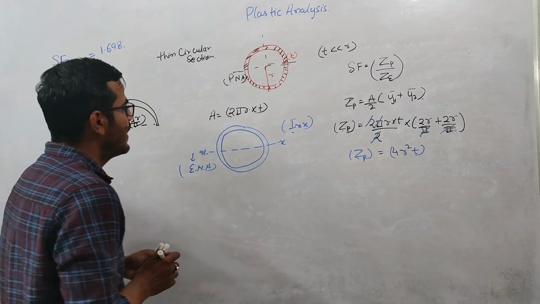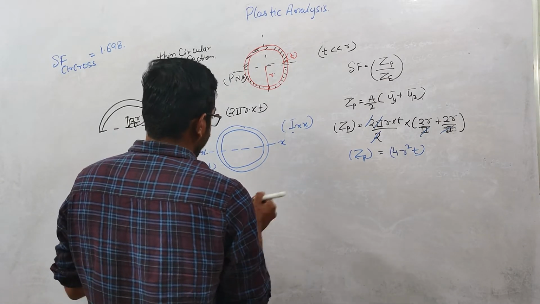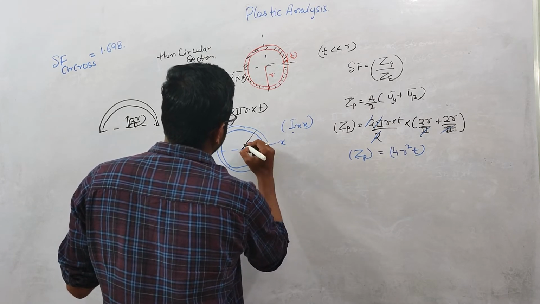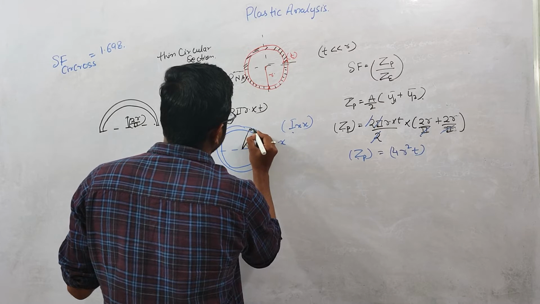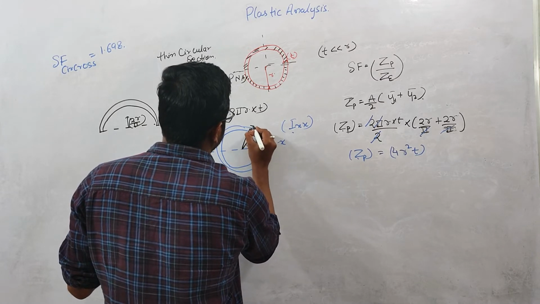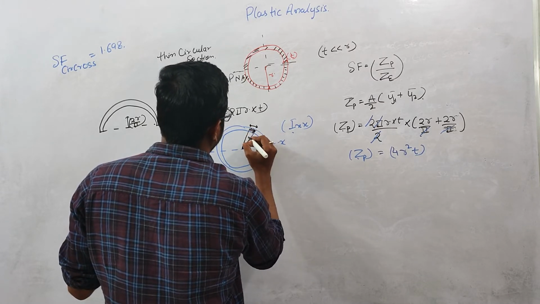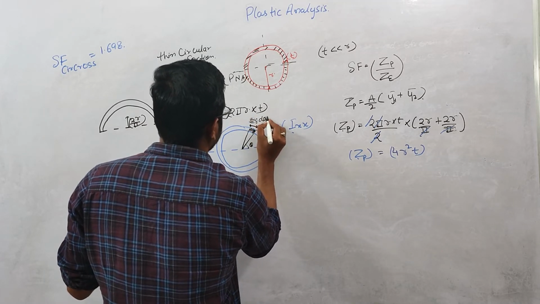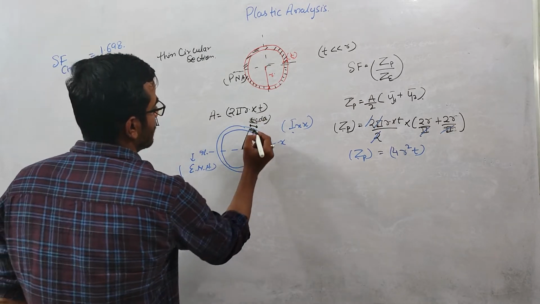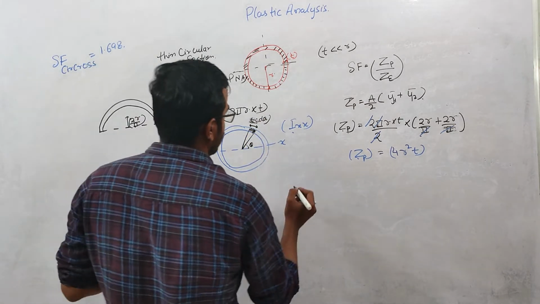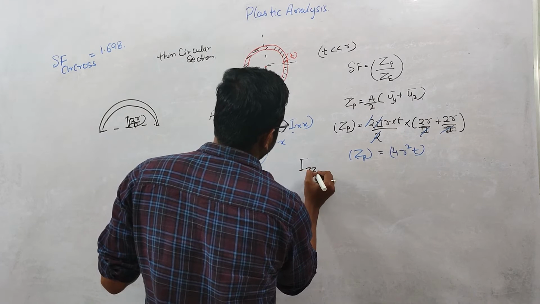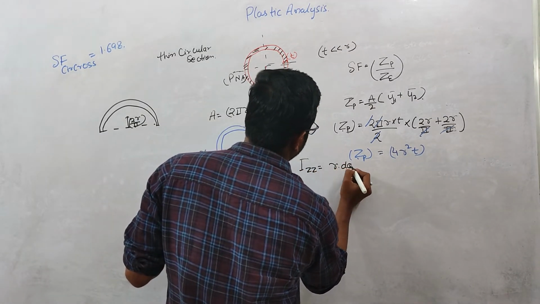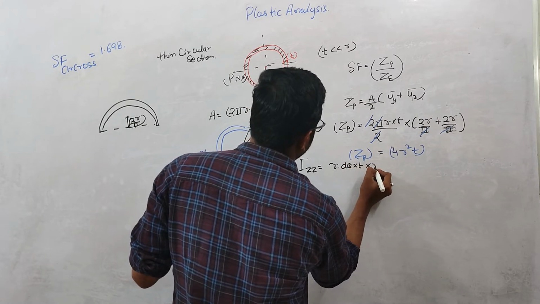For that I'm taking, at an angle theta, an element which is basically r d theta, where small r is the radius, and this thickness is basically T. So if you calculate Izz, it will be r d theta into T into r square.